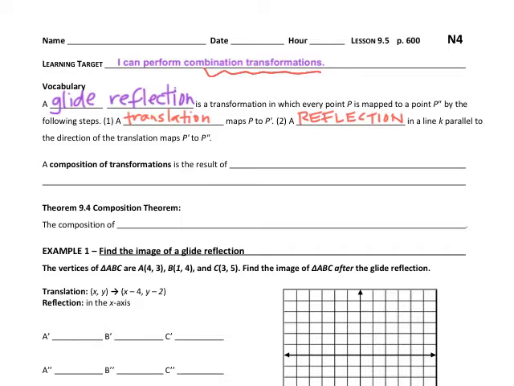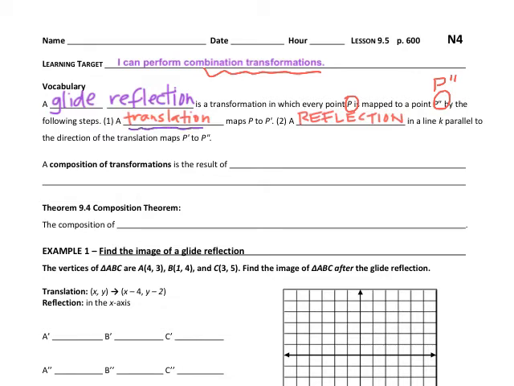And the first one that we're going to learn about is a glide reflection. A glide reflection is a transformation in which every point P is mapped to a point P double prime. Notice that there are two tick marks next to this capital P because we're doing two things to point P. The first thing we're going to do is a translation.